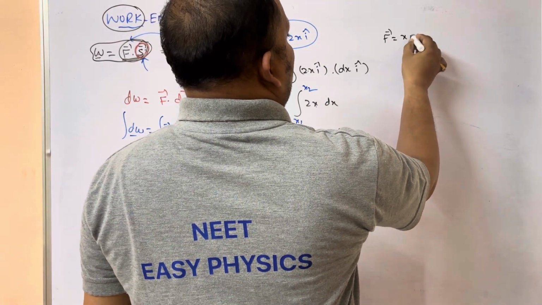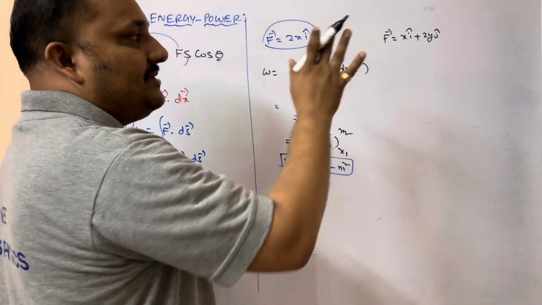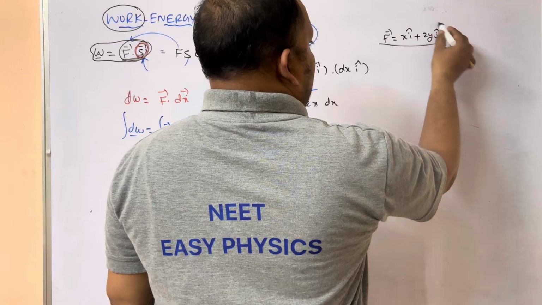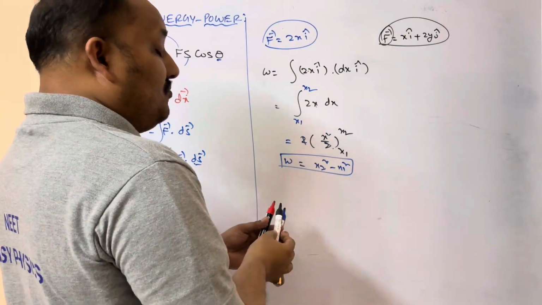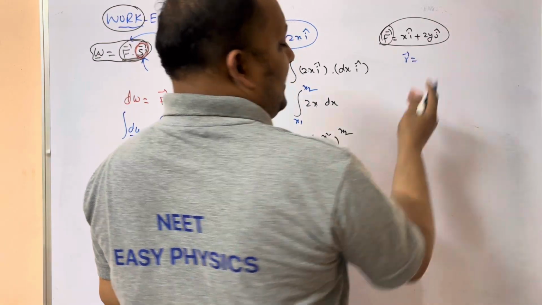F bar is equal to x i cap plus 2y j cap. Only i cap and j cap we are taking; we can take k cap also, no problem. By applying this much force, an object is moved from one position to another position.